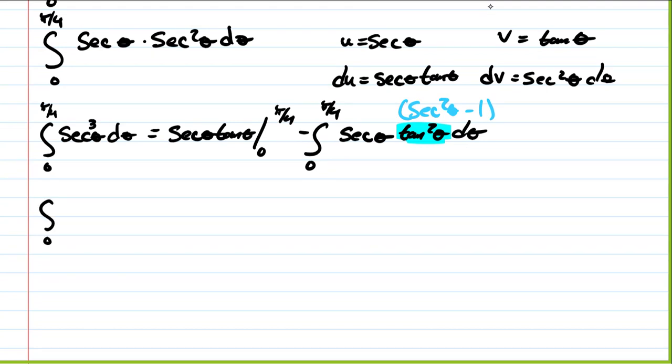we get the integral from 0 to pi over 4 secant cubed theta d theta is equal to, we should evaluate this.